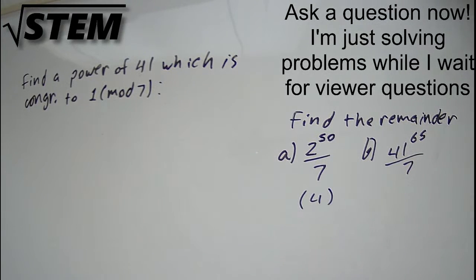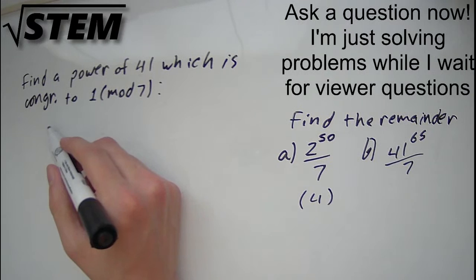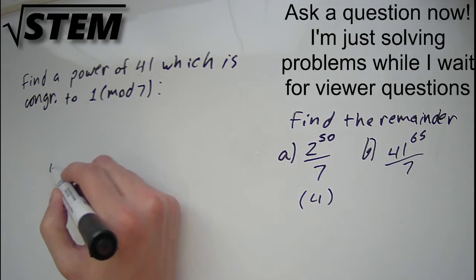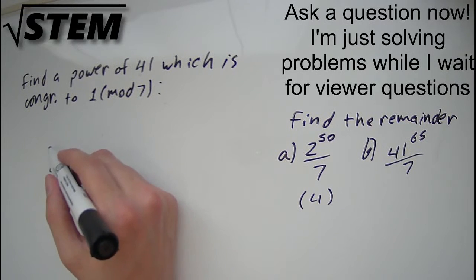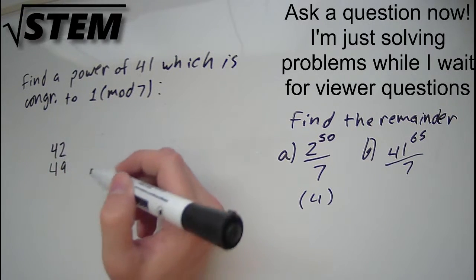So now for part B, we want to find powers of 41, which are congruent to 1 mod 7. Which will be a lot harder. So 41 itself, mod 7. 7 squared is 49. 7 times 6 is 42.